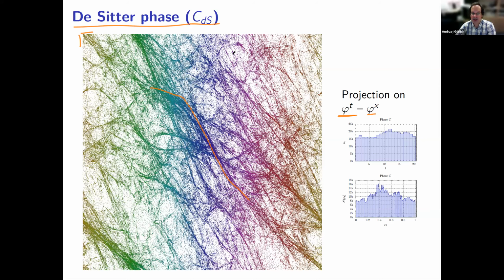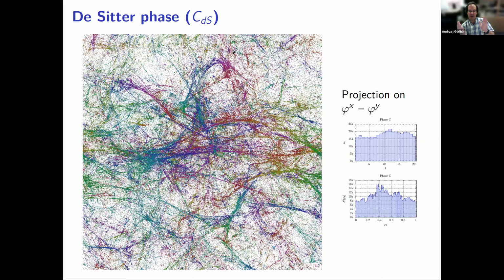Okay, we can also look from another angle on the same picture, and now we look at the projection phi x on phi y, and we see that the outgrowths also have a spatial extension, and the time direction is also orthogonal to this screen.